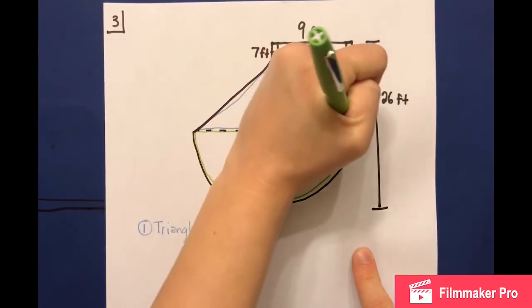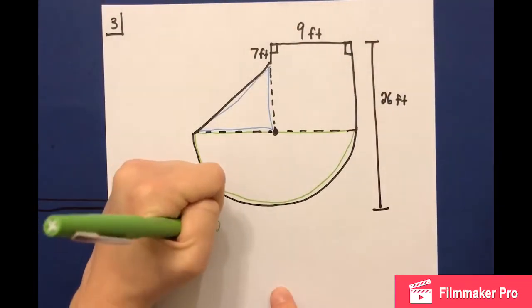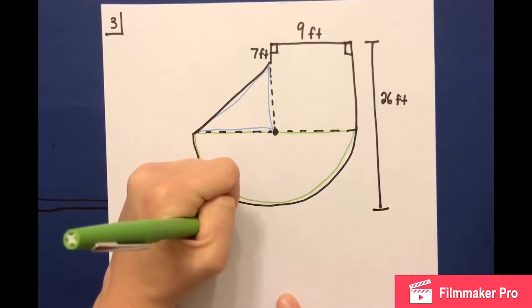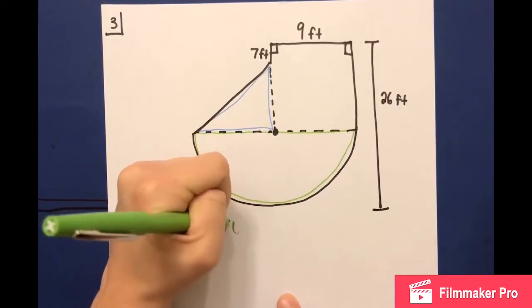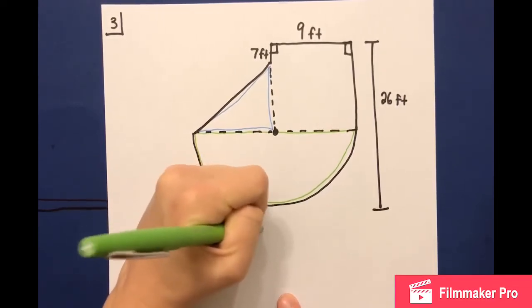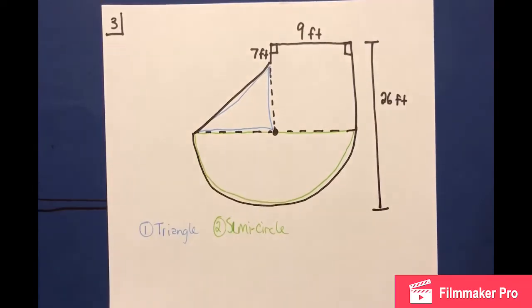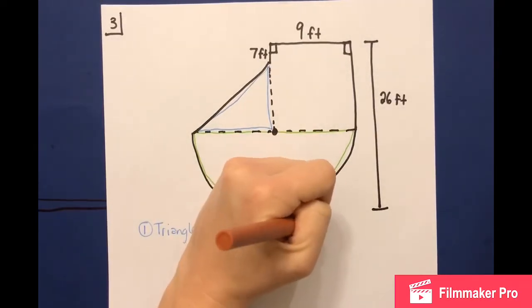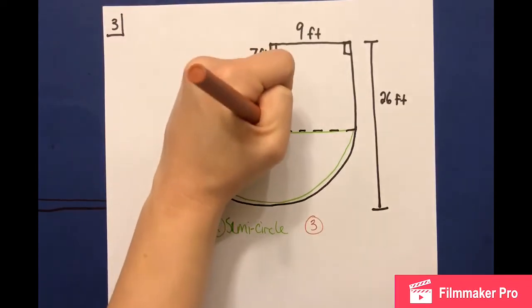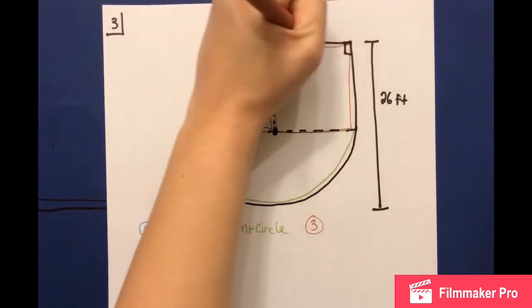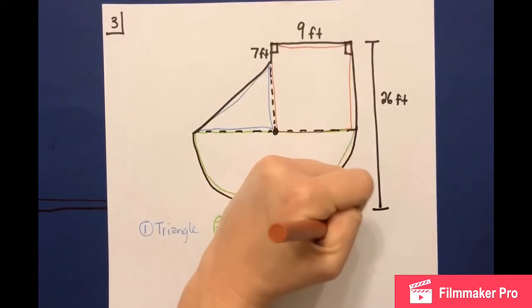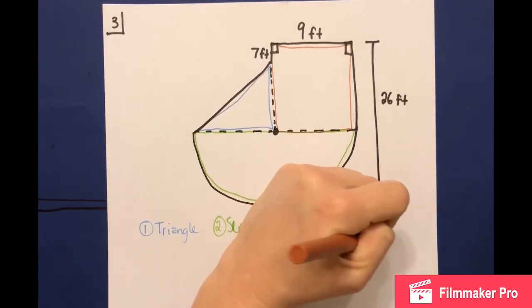I swear I'm getting better. I apologize if it still doesn't look that great. Semicircle. And 3, I have this nice rectangle. Always nice to see rectangles in there.